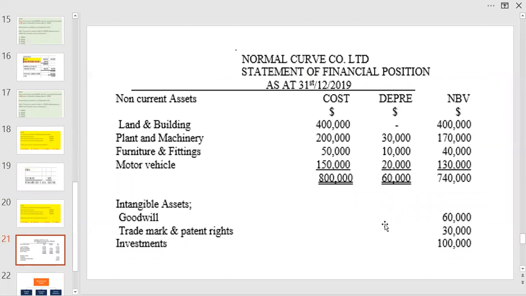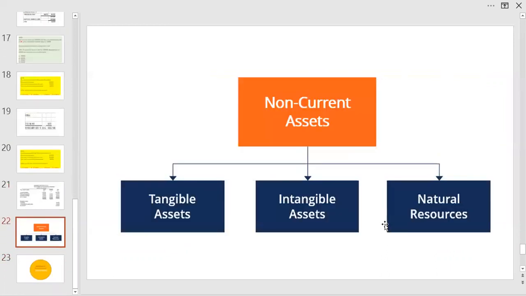To get familiarized with the new words used here, tangible assets refers to an asset which has a physical existence, like land and building, machinery, motor vehicle, etc. Intangible assets are also assets, like goodwill, copyright, royalty, etc. Natural resources are depleting assets like forest, quarry, mine, etc.